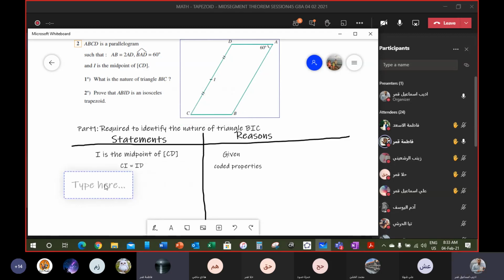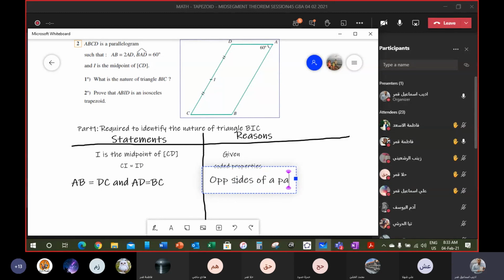فإذا هودي بقولهم، فإذا بكتبهم هودي. فإذا AB equal DC and AD equal BC. نستفيد من properties of sides of parm. هودي شو؟ Opposite sides of a parm.